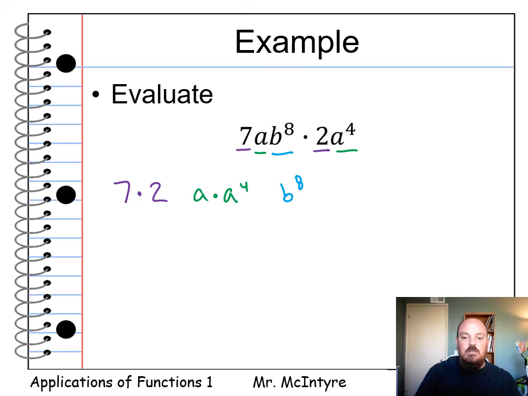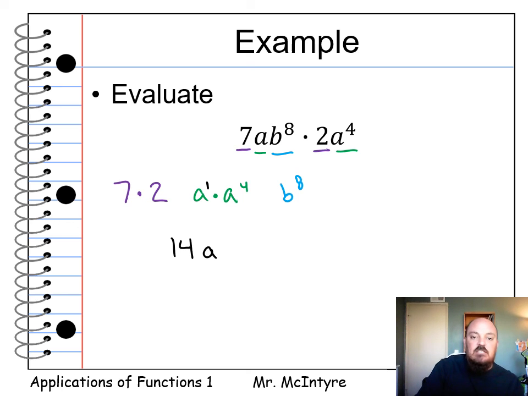So two things happen here. On the number part, again, the number part's easy. 7 times 2, that's 14. Now on the a part, we had an a all by itself. So remember, we've talked about exponents already this year. When you have a variable all by itself, there's a hidden exponent of 1. So a times a to the 4th actually means a to the 1st power times a to the 4th.